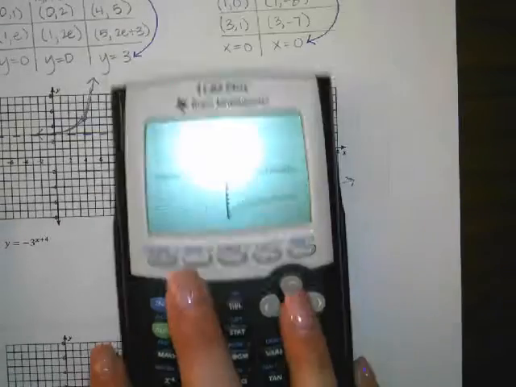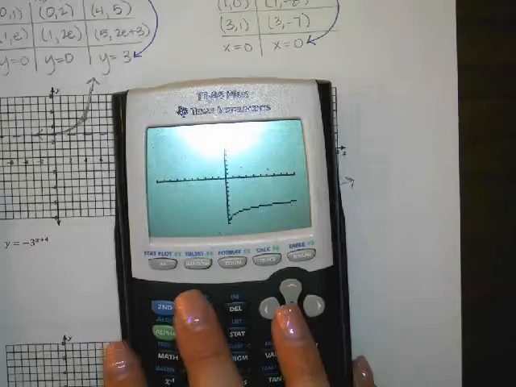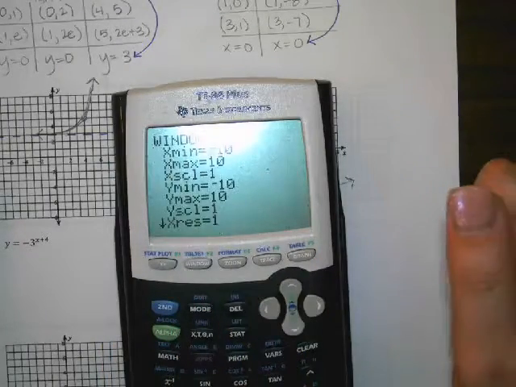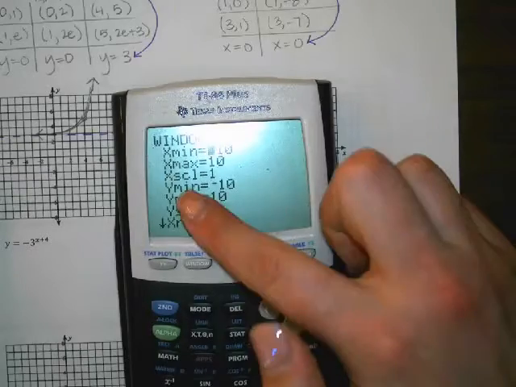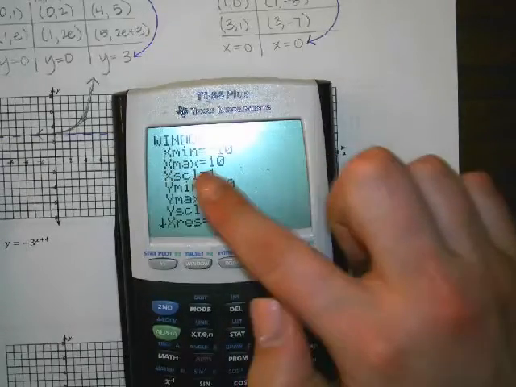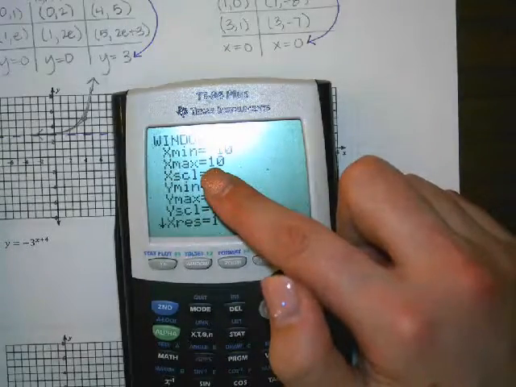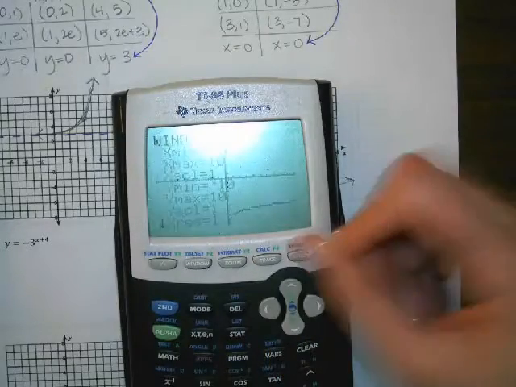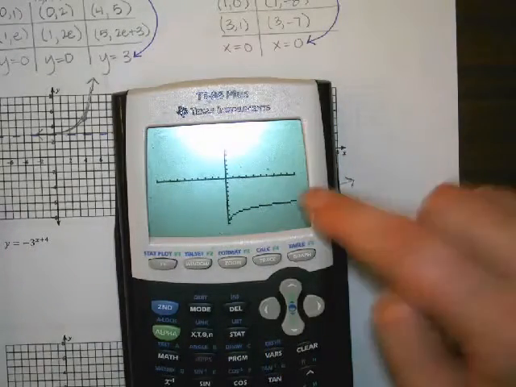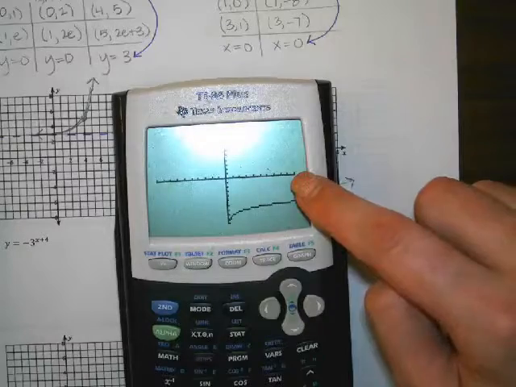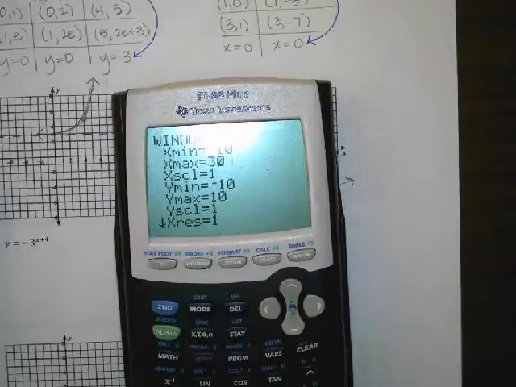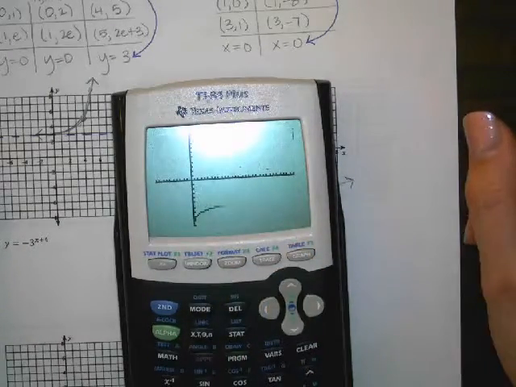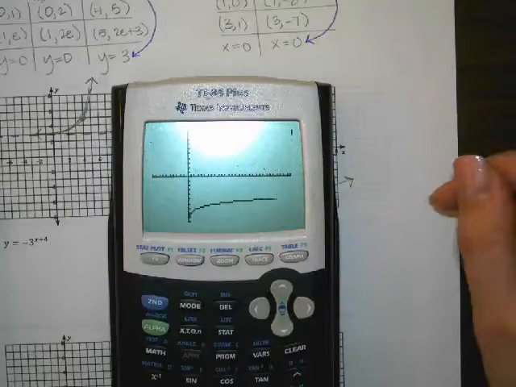So if you needed to find the X-intercept on this graph, you could do it, but you have to adjust your window to have a bigger X max. That's going to make your graph go to the right a little bit more. What do you guys think is a good X max for us to try? Right now it's at 10. What should we try? 30. All right, X max is 30. That did not get us to our X-intercept.